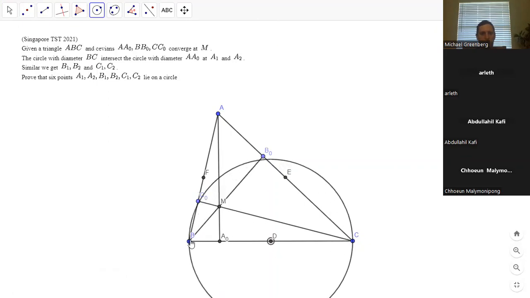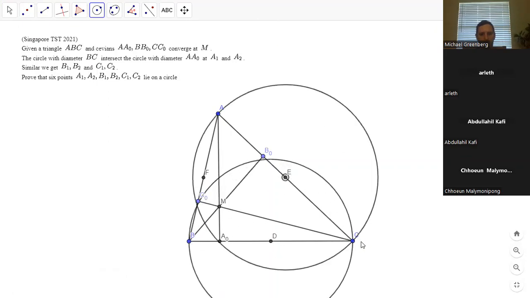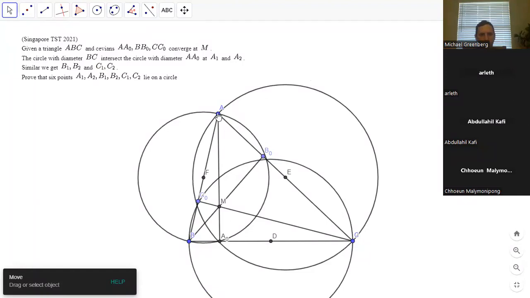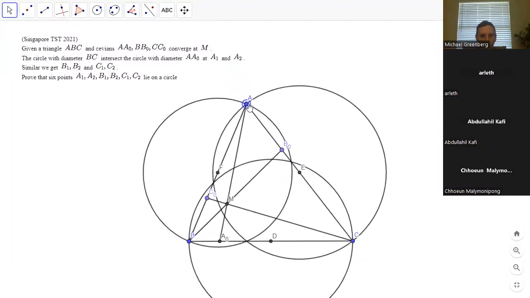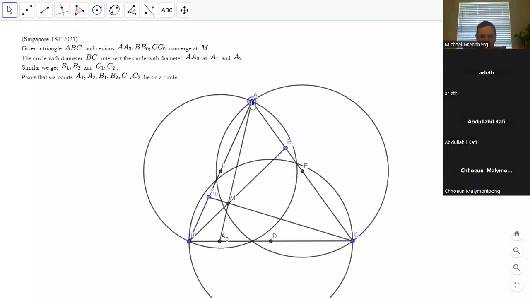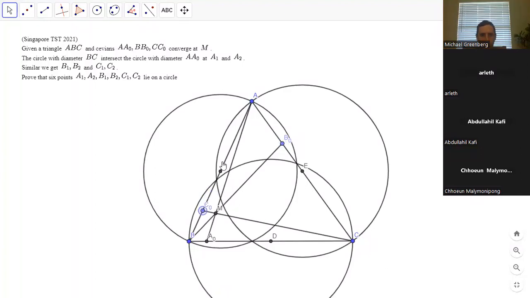I could have just drawn the altitudes, but the feet of the altitudes, this works. Okay. And we want to see where it intersects A naught, B naught, and C naught. So let's draw it like that almost. And then so we have those three, and then we have the three altitudes, obviously, that concur at the orthocenter.